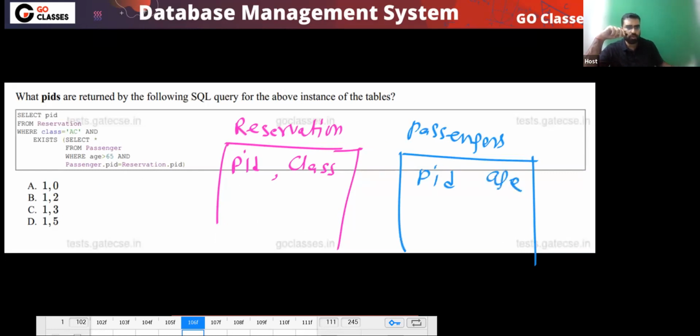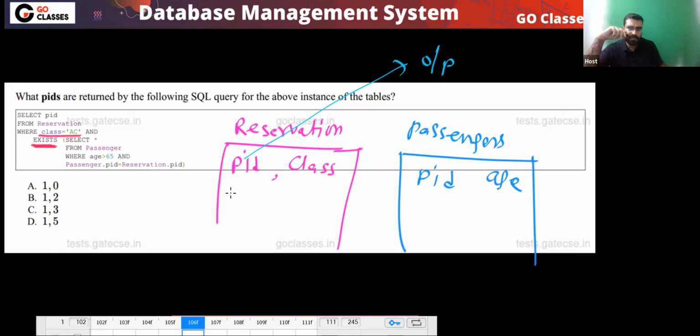So I want those PIDs. One by one, I want those PIDs in the output. For every PID, I will check that the class must be AC. So I want those PIDs where the class is AC and there should exist a passenger.